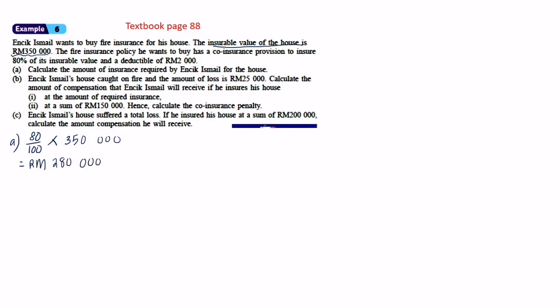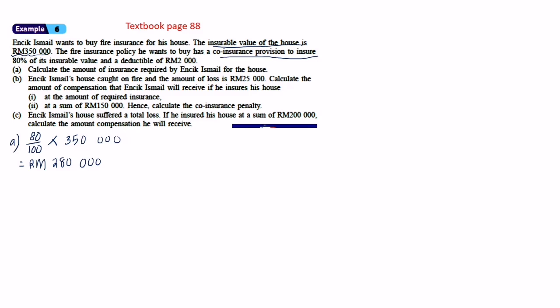Okay, means that the co-insurance provision is 80% of its insurable value. So 80% times 350,000 equals RM 280,000.